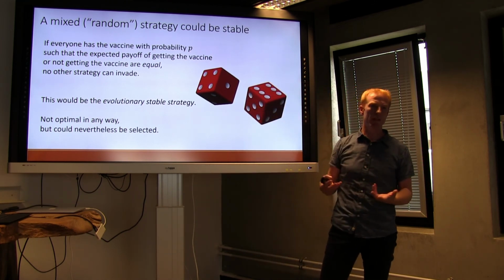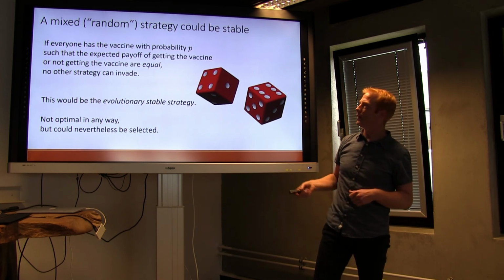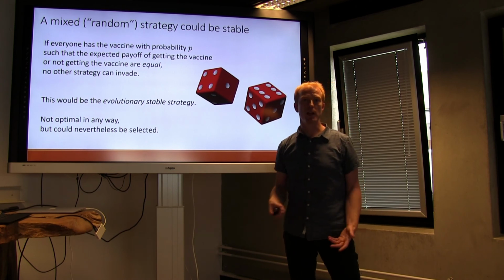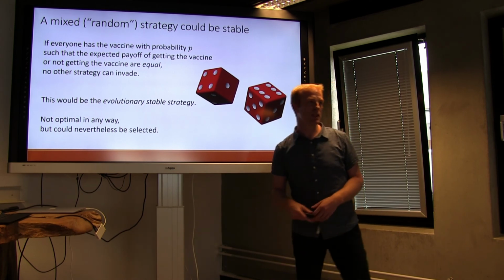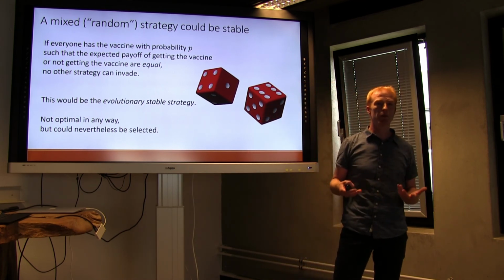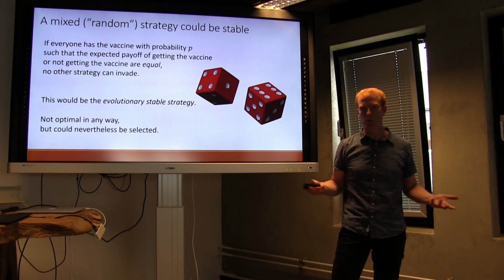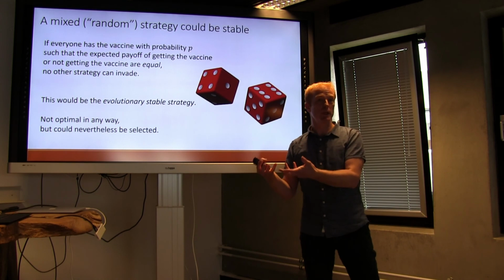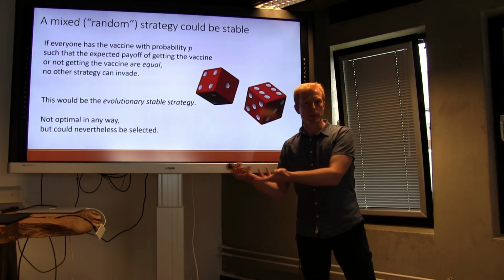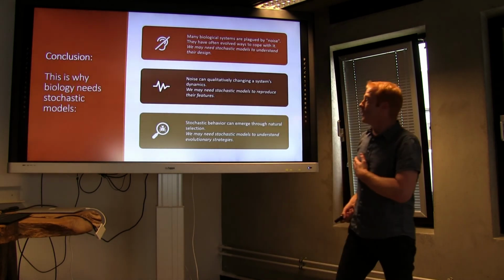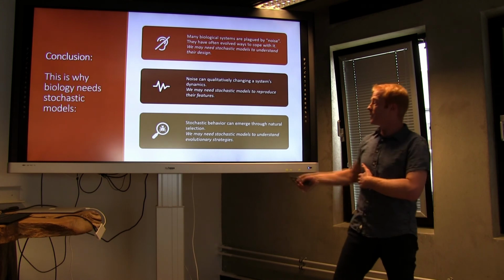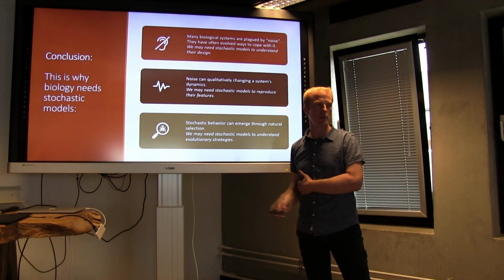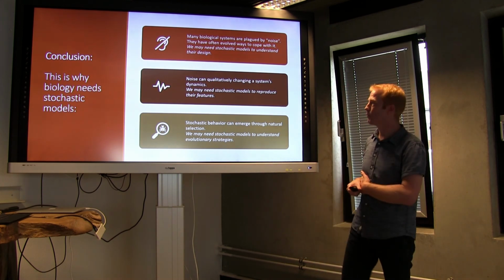In that case, nobody can invade the population, and you get what they call a mixed strategy, a random strategy. There are many examples in evolutionary biology where the only stable thing to do is to be unpredictable, so that others cannot come up with a strategy to beat your predictable strategy. So that's another way that stochastic behavior can emerge, as a mixed evolutionary stable strategy.